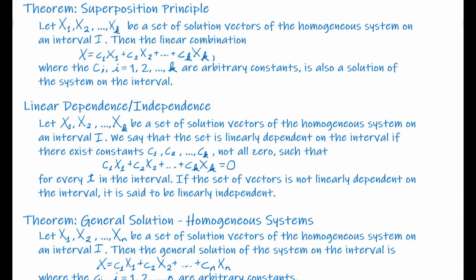Now we also have a thing called the superposition principle. You've actually already seen a superposition principle back when we were talking about higher order differential equations.